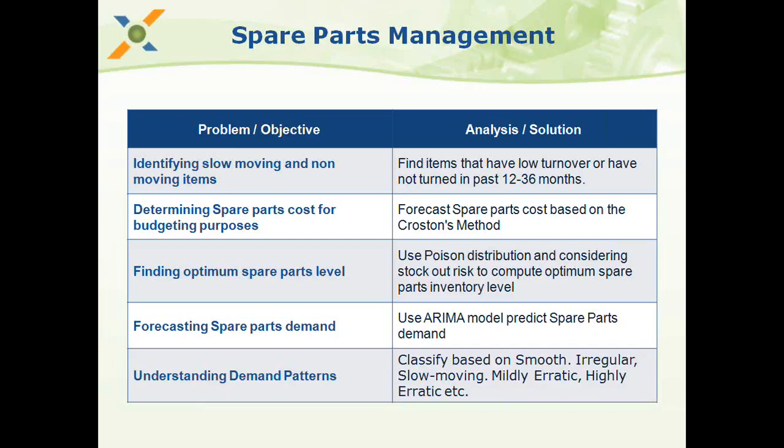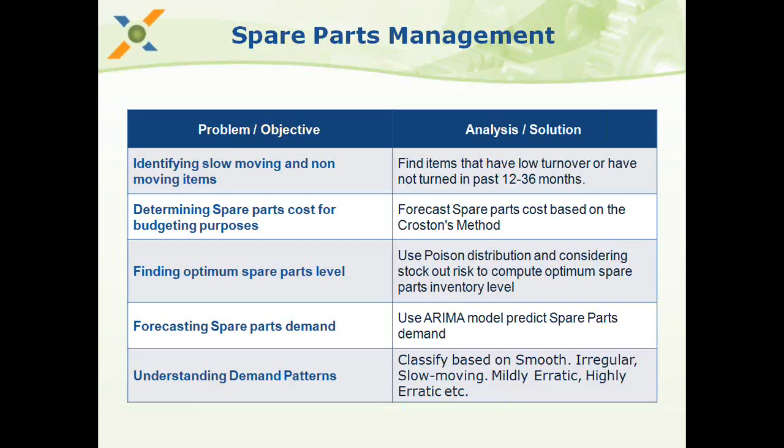Most of the time, people will use past records, but you can also look at it based on your reliability goals and your other goals, how they impact the spare parts availability itself, and then determine your level of spares or level of budget based on those factors as well. As discussed earlier on Poisson distribution, based on your reliability goals, you can determine the stock level, and we'll show you some examples around that.